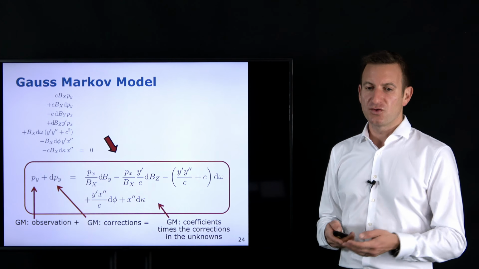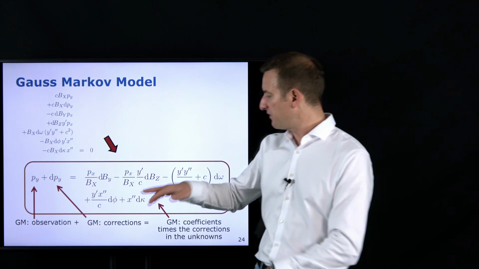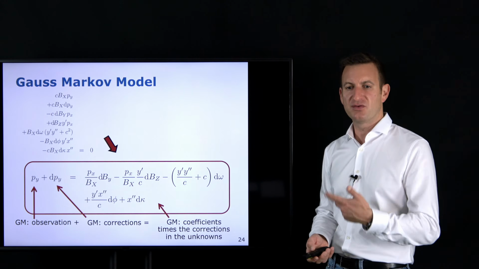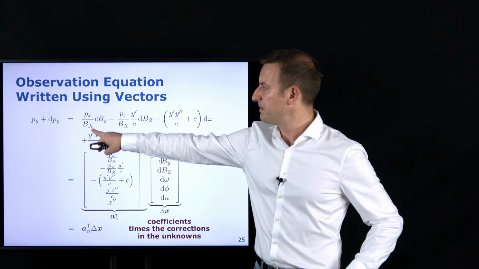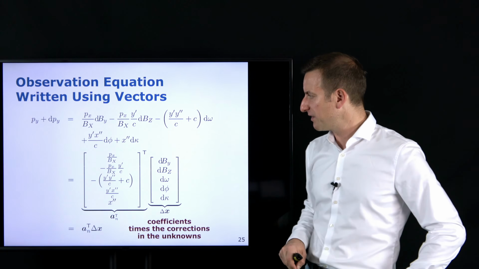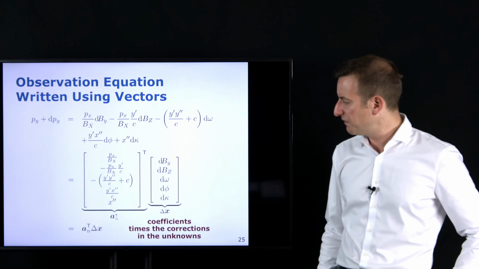Okay? So I can now rewrite this as we typically do. Take the coefficients and put them in a vector, take the unknowns and put them into a vector, just to come up with my typical form. So this is copy-paste from the previous slide. I can just write this in vector form. I have my coefficient vector, which only contains coefficients.